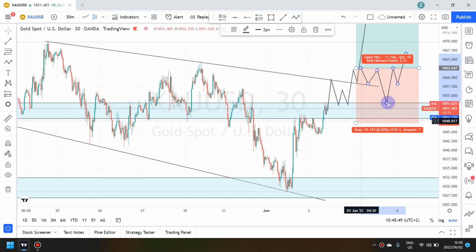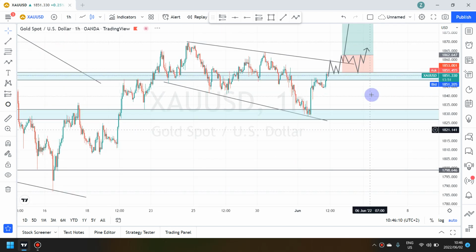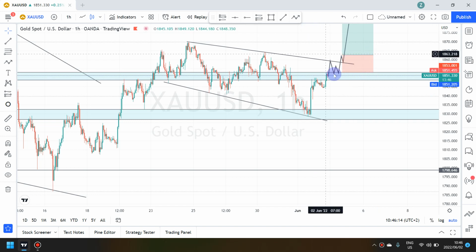But here, that's how I would set the stop loss manually, and this would be my overall stop loss here. But if the market pushes to the downside, that's where I can now close my trade. So yeah, that's the analysis for this XAUUSD pair, known as the gold pair.